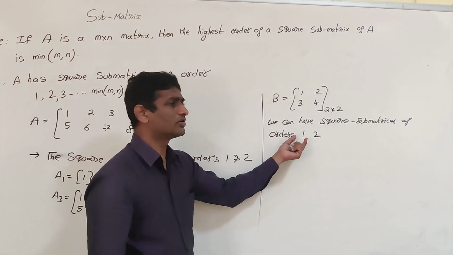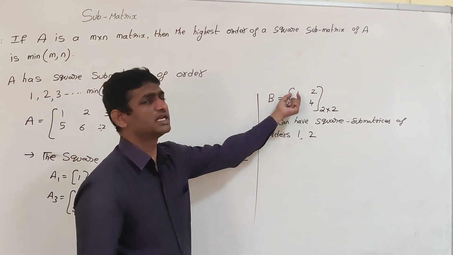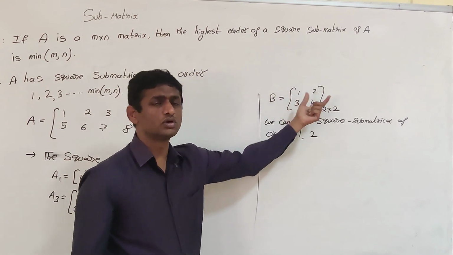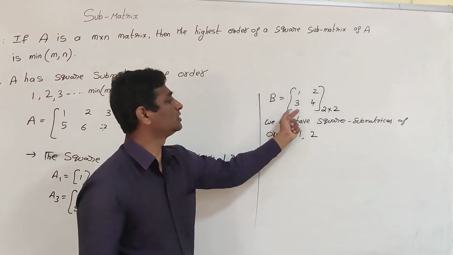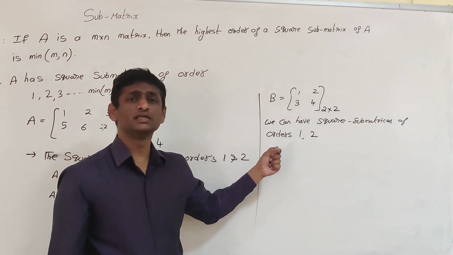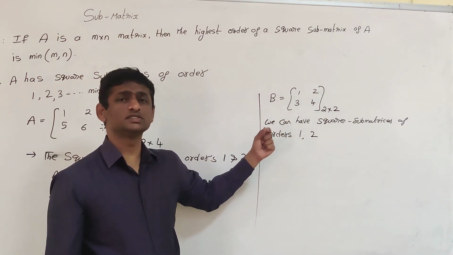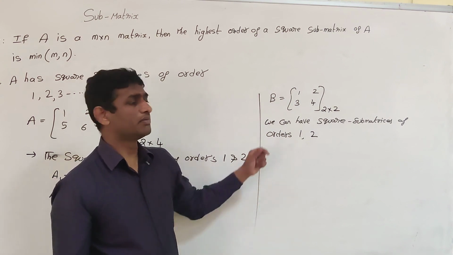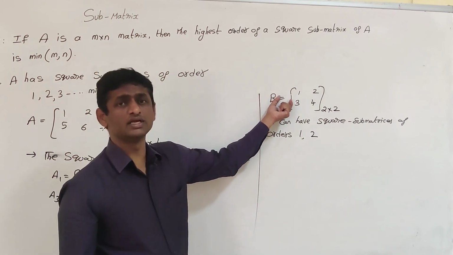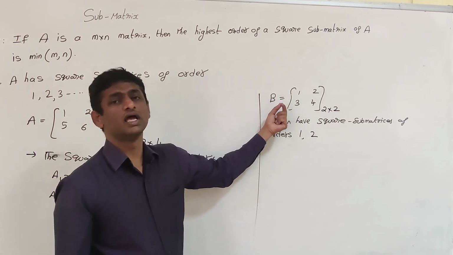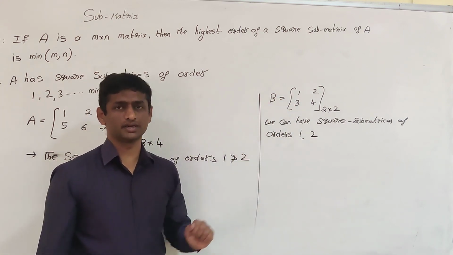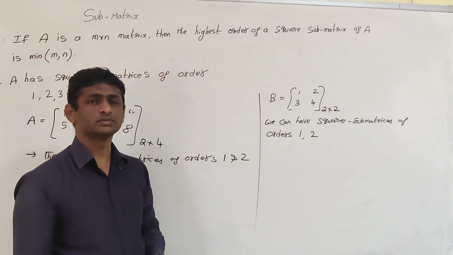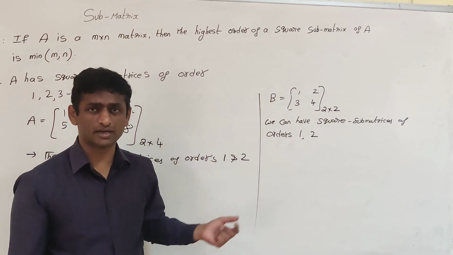Order 1 submatrices are the singletons 1 or 2 or 3 or 4. The 2 by 2 one is 1, 2, 3, 4, because every matrix is itself a square submatrix. Here we have taken a square matrix, and this square matrix is itself a square submatrix.